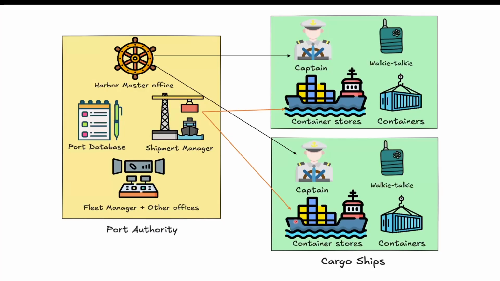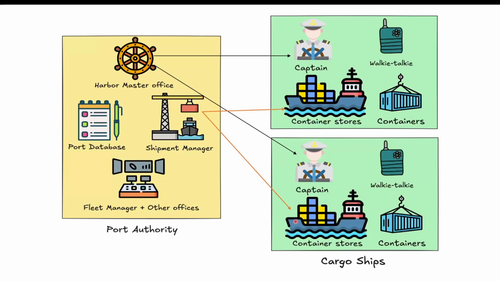Next. In order to understand how a Kubernetes cluster works, let us draw an analogy of how a shipbuilding port or a cargo shipment entirely operates. It's basically how the port authority and the cargo ships work hand in hand together. As you can see on the screen, on the left side is the central control plane of the port, or the entire port authority, from where different cargo vessels load themselves with containers and go out for delivery.